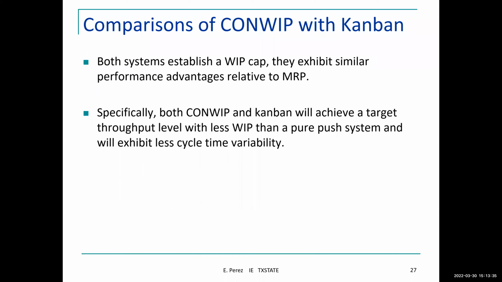They exhibit similar performance advantages relative to MRP or push systems. Specifically, both CONWIP and Kanban will achieve a target throughput level with less WIP than a pure push system, and will exhibit less cycle time variability. So both of them have these advantages.